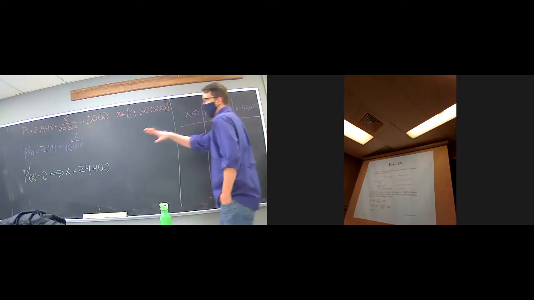Having said that, they also skipped the step of actually checking the other endpoints because they knew what the geometry of this graph was going to look like. They knew what that curve was, so they were able to skip testing the other values. But we would go through this method, check all three values, and then determine which one's the absolute max in the case of this problem. Does that make sense to everybody?